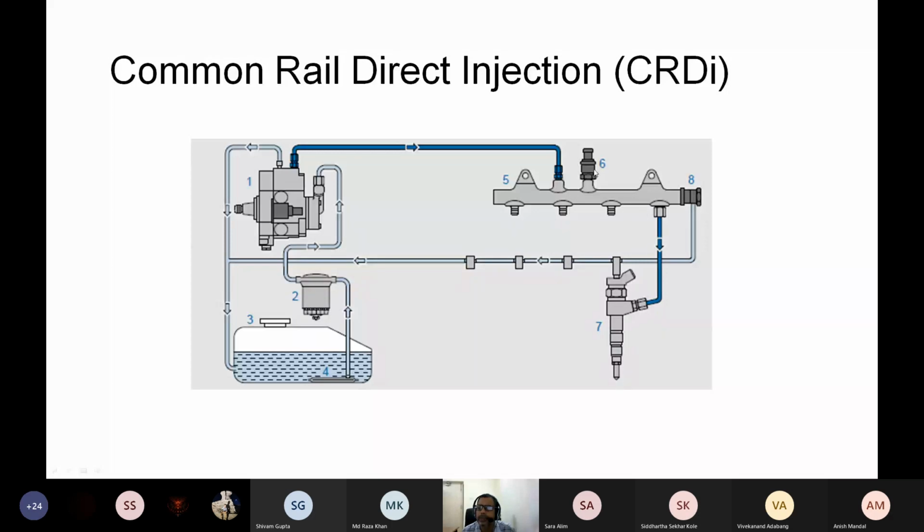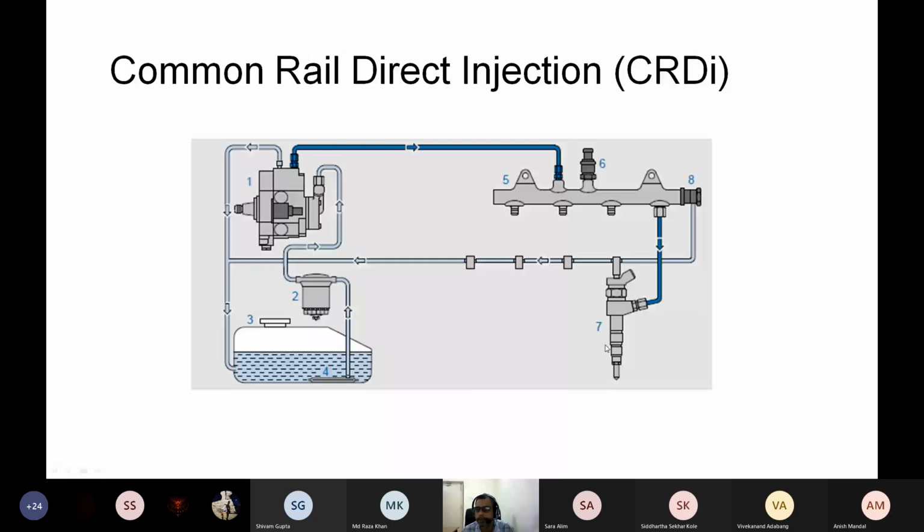So with the help of sensor 6, which gives you the instantaneous pressure in the fuel rail, and sensor 8, that is the pressure control valve, which is responsible for opening this return line, we are going to control the fuel injection pressure, which can vary from the minimum to the maximum values, approximately 200 bar to 1500 or 1800 bar. That's the way we can control the fuel injection pressure.